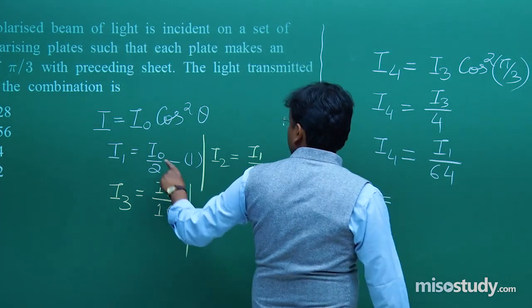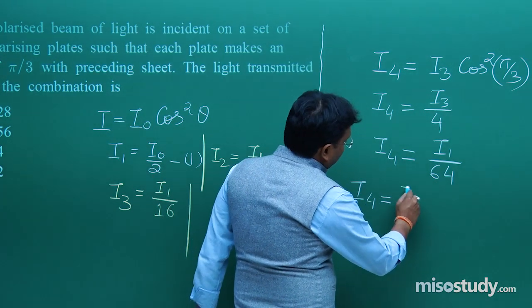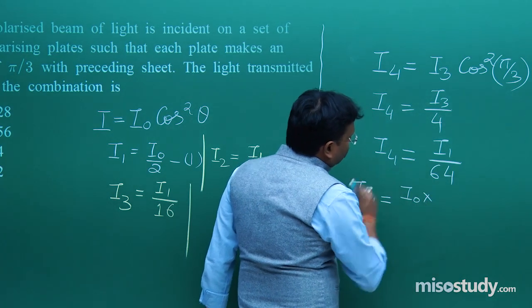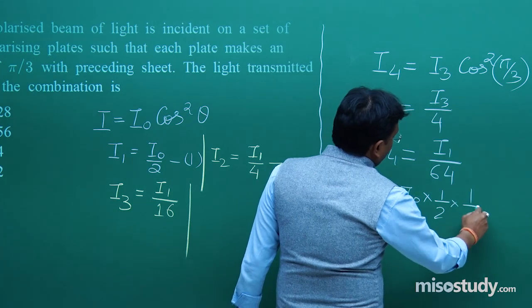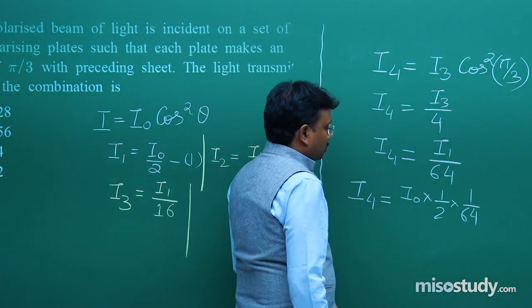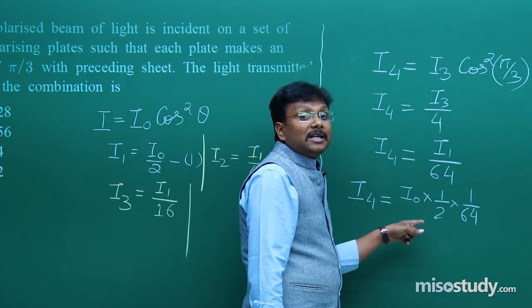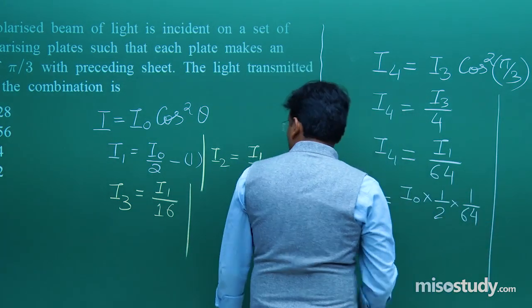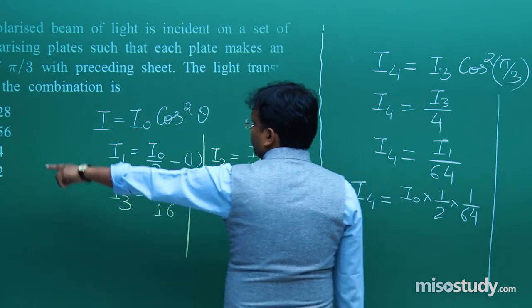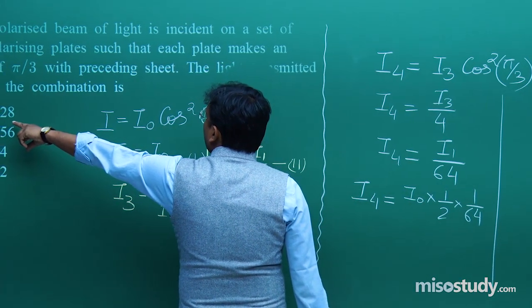I1 is I naught by 2, that is I naught into 1 by 2 into 1 by 64. So it is going to be 64 into 2, that is 128. So finally, you can say the correct answer is A, that is 1 by 128.